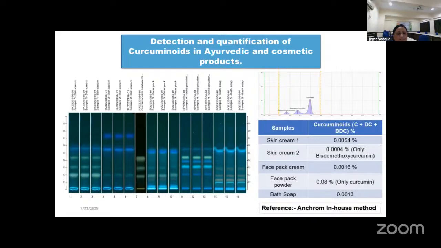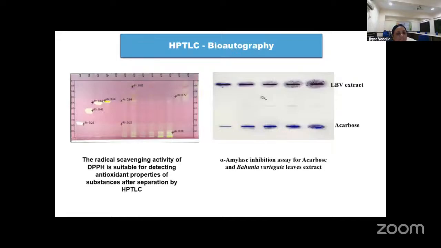So HPTLC is used for standardization, and we can also use HPTLC for bioactivity or bioautography. The DPPH antioxidant assay is a very common technique with HPTLC, and another is the enzyme assay.